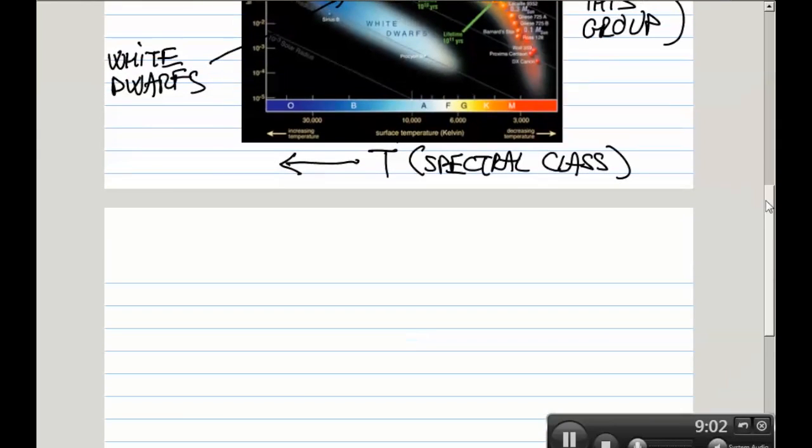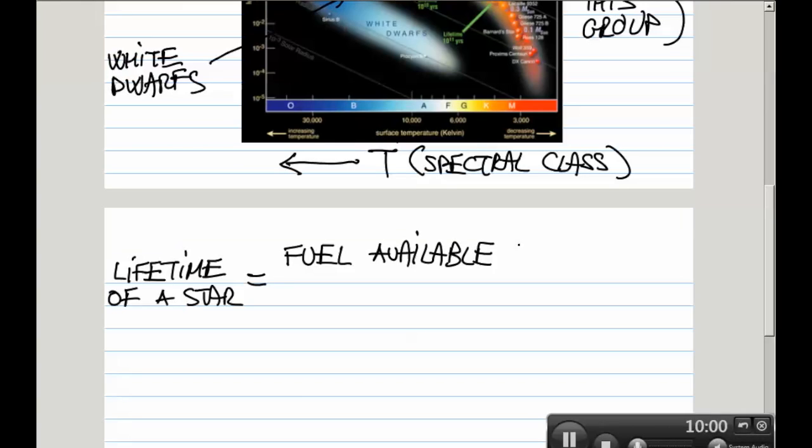So there is one important relation for main sequence stars between their mass and their luminosity that helps us estimate their lifetime. First of all, the lifetime is proportional to the fuel that the star has available to convert into energy. The fuel available is given by the mass of the star, M, and the lifetime is inversely proportional to the energy output.